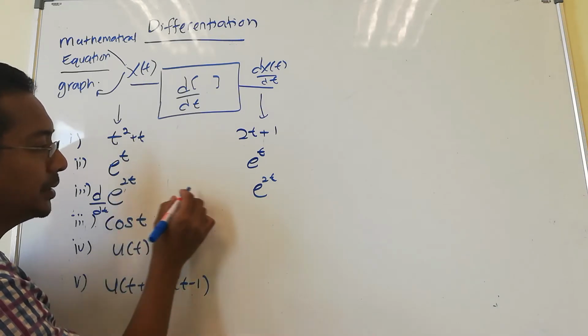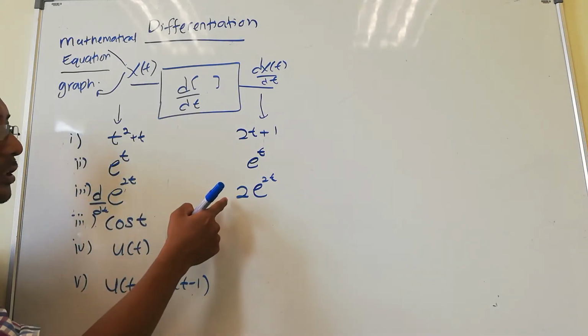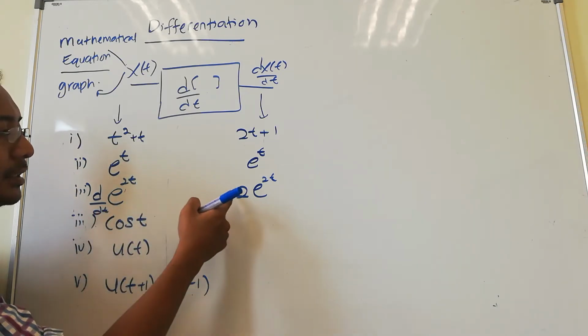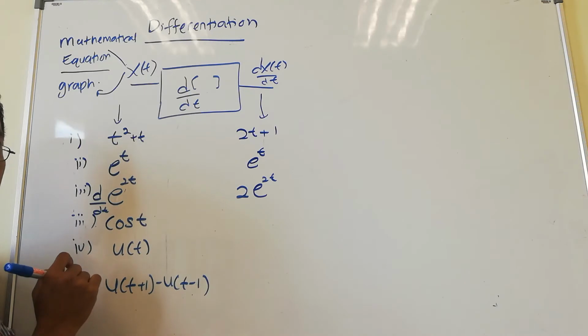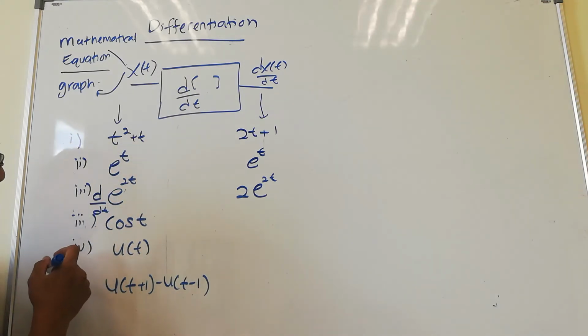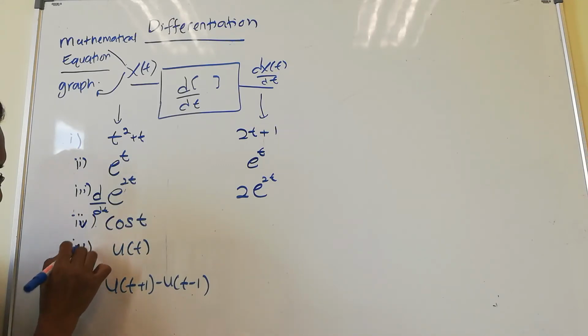So the differentiation of this function is 2e^(2t). If you look at number 4, number 5, and number 6, this one is number 6.